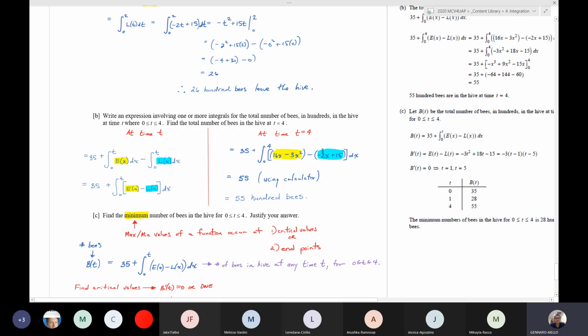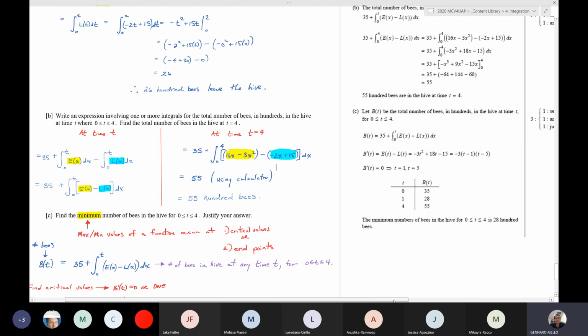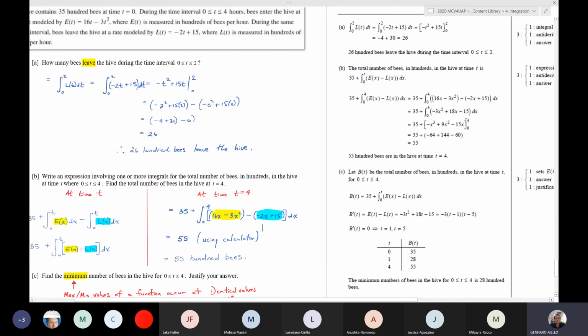For the sake of time, I cheated and used the calculator, but I'm hopeful that you would be able to find the antiderivative of that function. And actually, you can see over on the right-hand side, it's actually done for you. It's typed out.